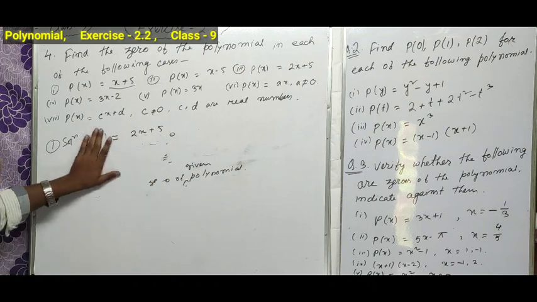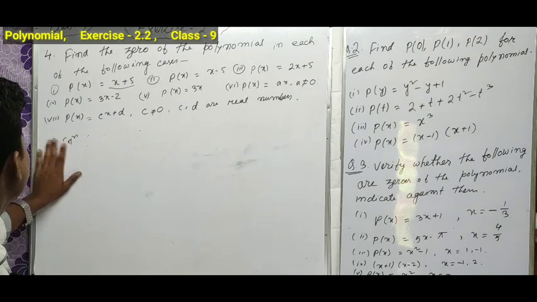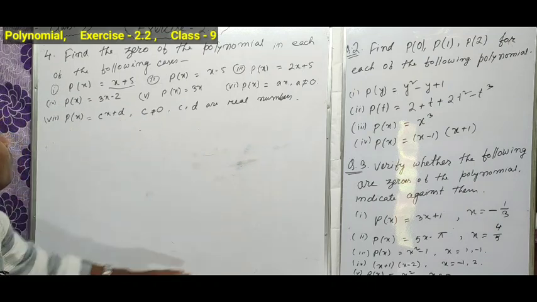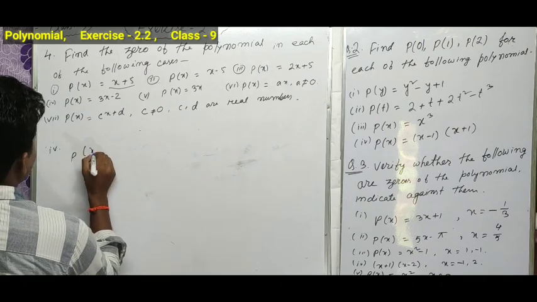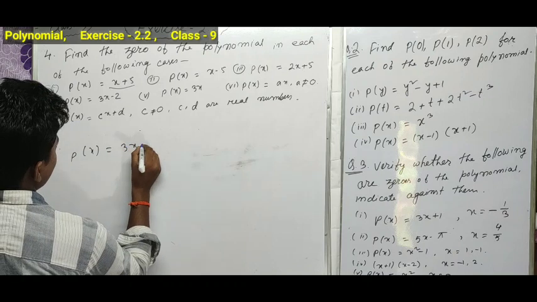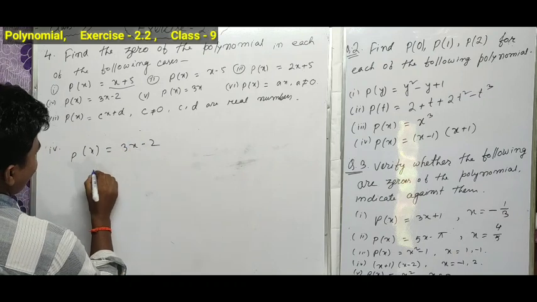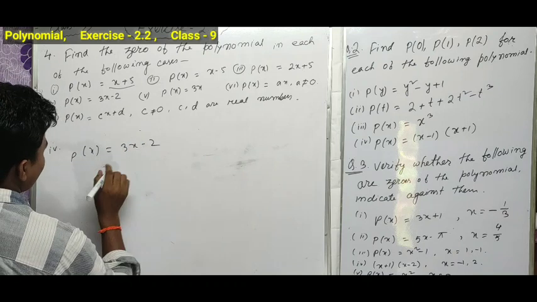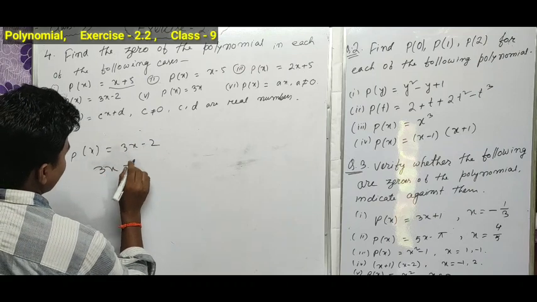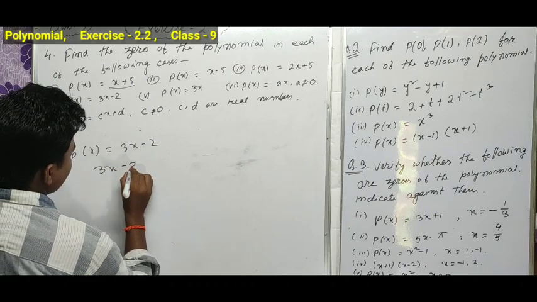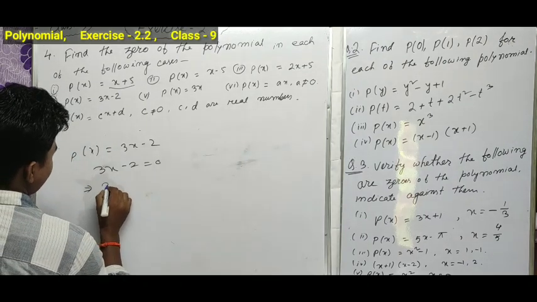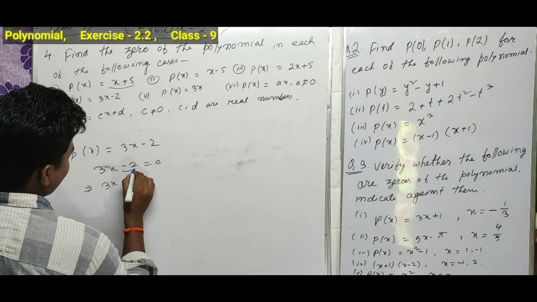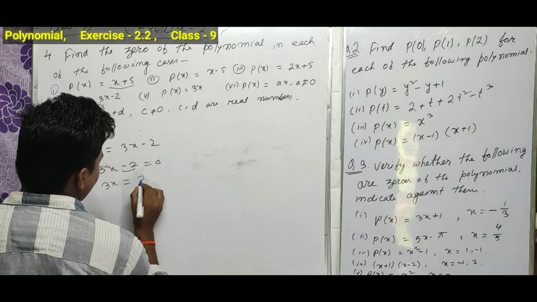Next, question number 4. What is question number 4? Px equal to 3x minus 2. Can you write 3x minus 2 equal to 0? Yes, we can write. Then 3x equal to, if we move this to that side, it becomes plus 2.